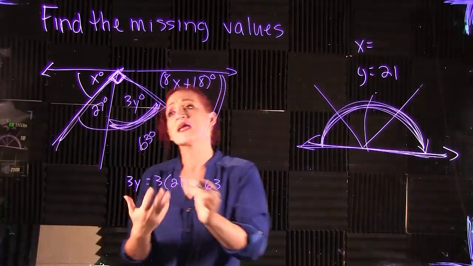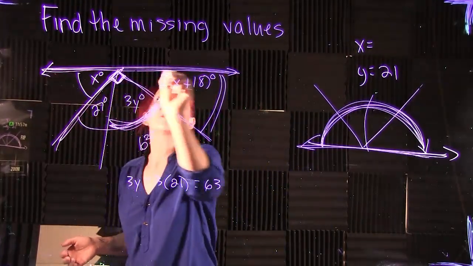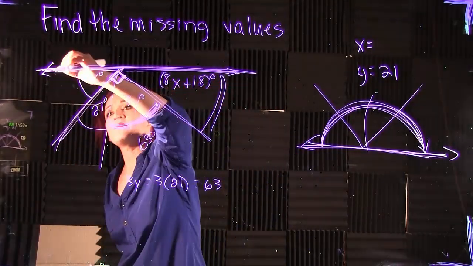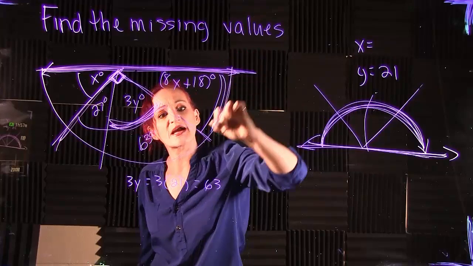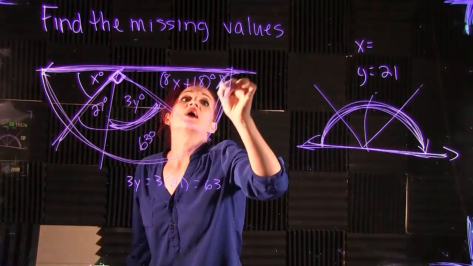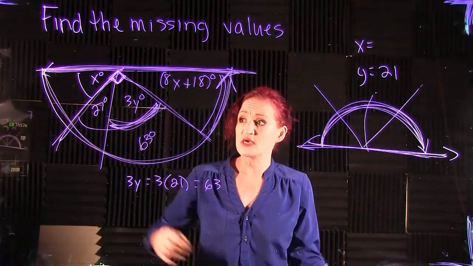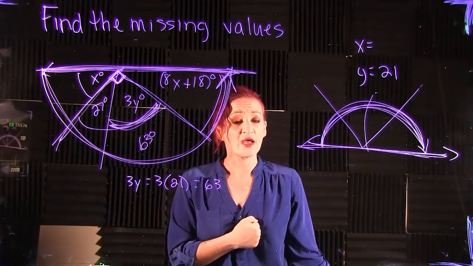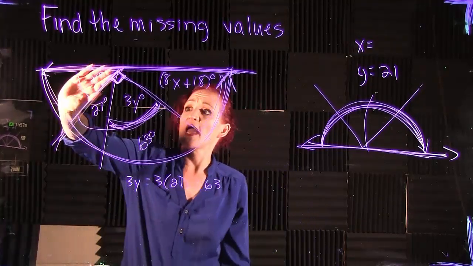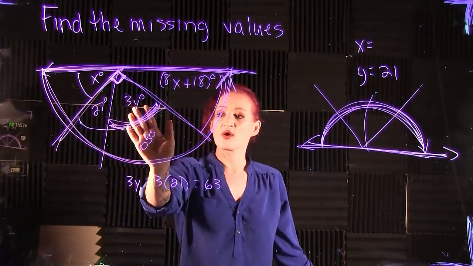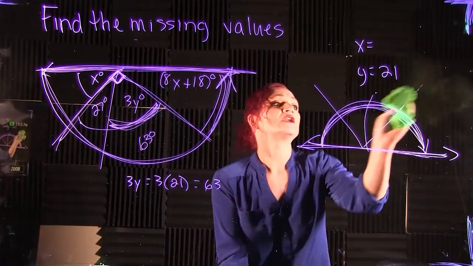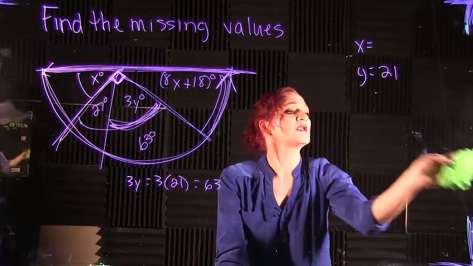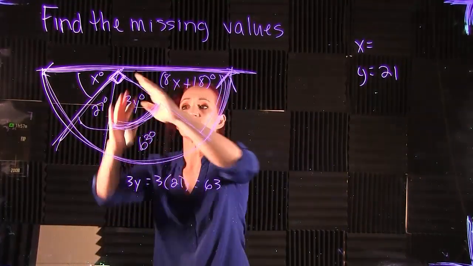Taking a look at our diagram, we do have a straight angle. We have this straight line right over here. That means every single angle that encompasses this has to add up to 180 degrees. I have 4 angles within this straight angle: angle 1, angle 2, angle 3, and angle 4.